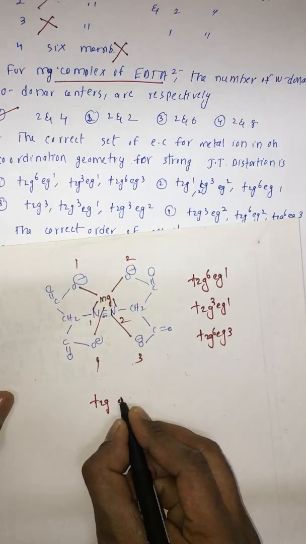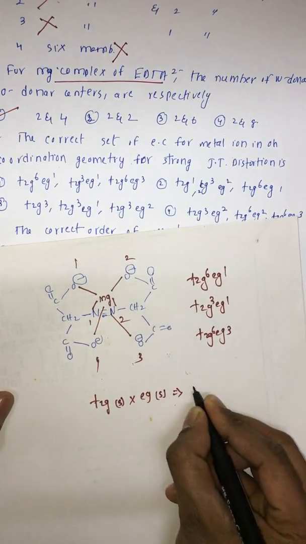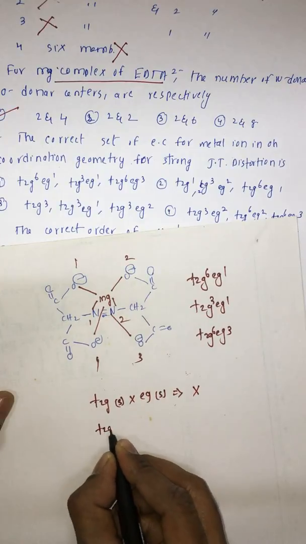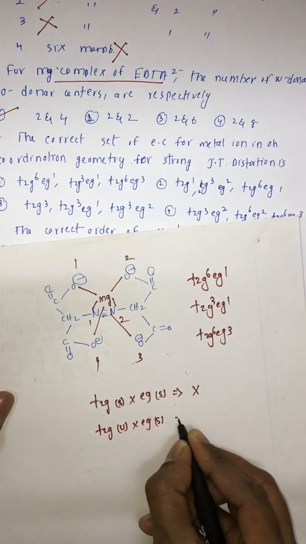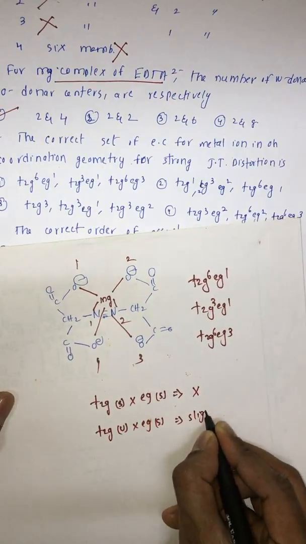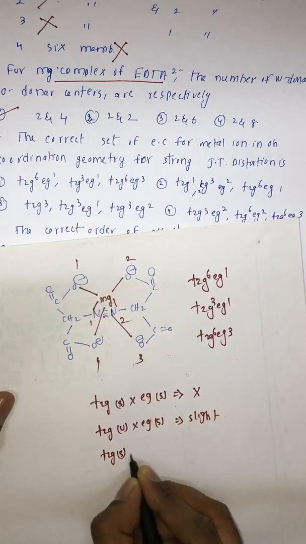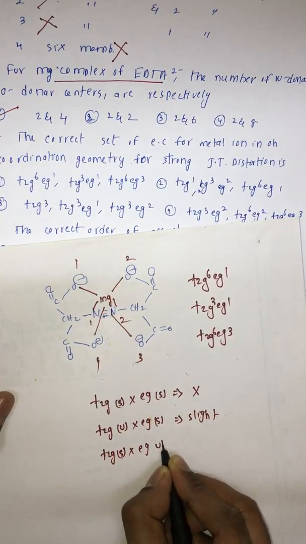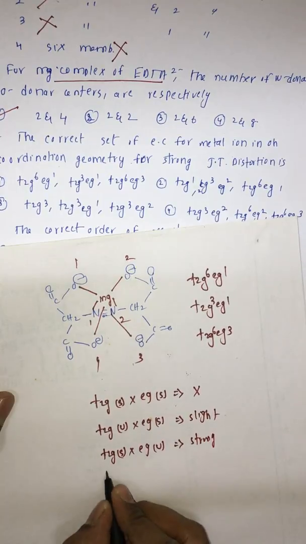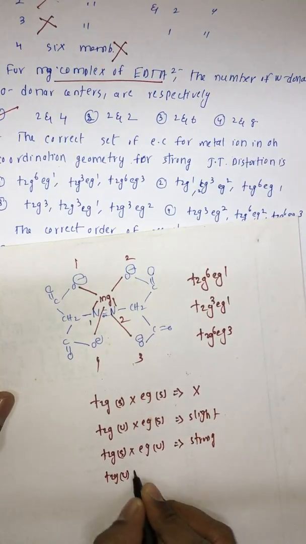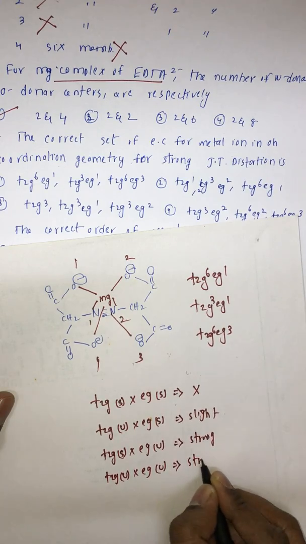If t2g is symmetric and eg symmetric, there is no distortion. If t2g unsymmetric and eg symmetric, there will be slight distortion. If t2g symmetric and eg unsymmetric, there will be strong distortion. Then t2g unsymmetric and eg unsymmetric, even stronger.